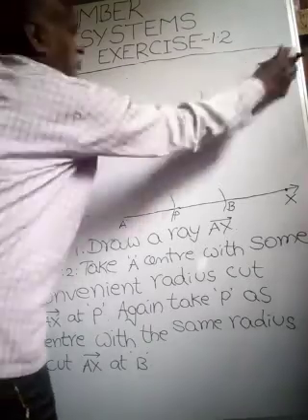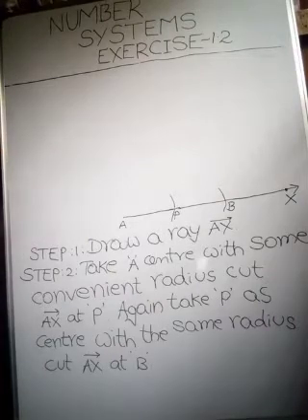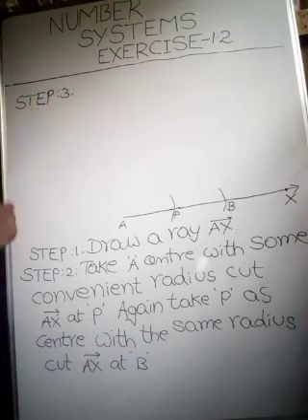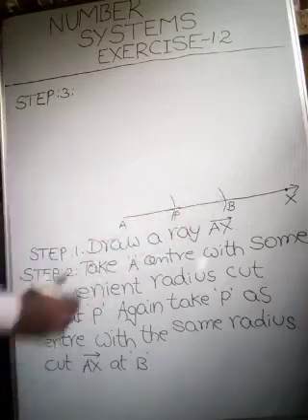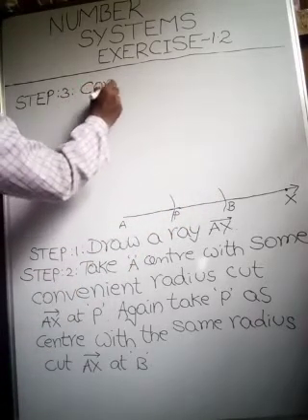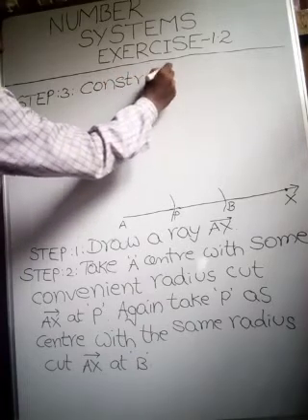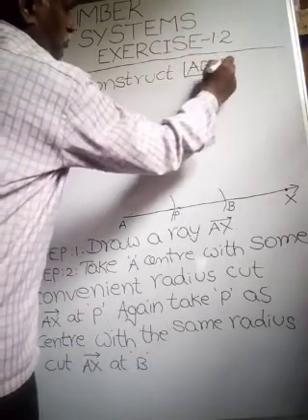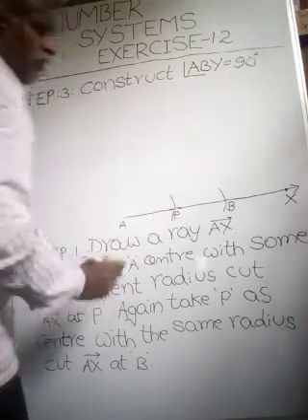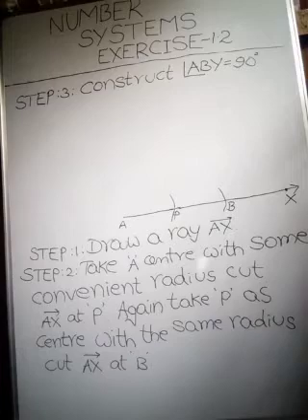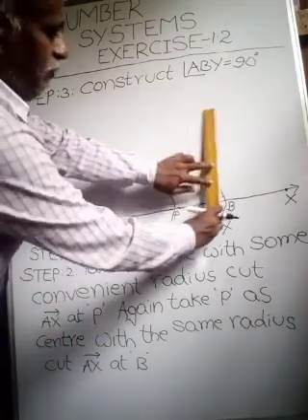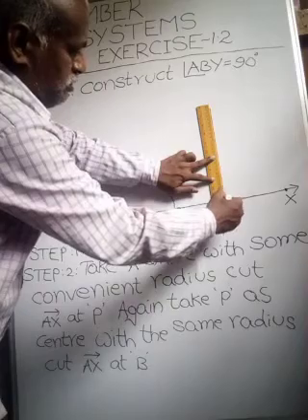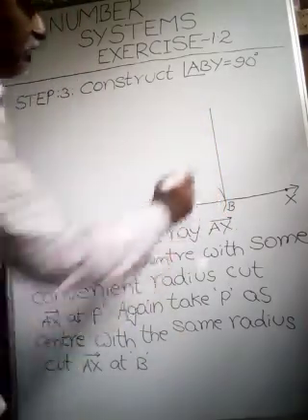Now step 3. With the help of a protractor, construct angle ABY like this, not with the scale, but with the help of a protractor.